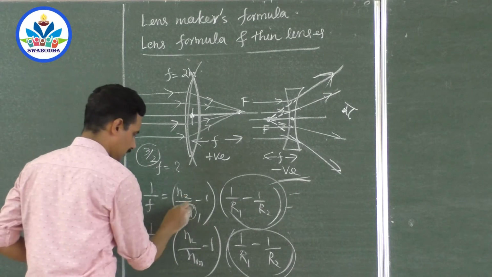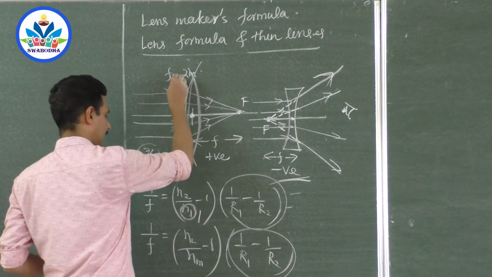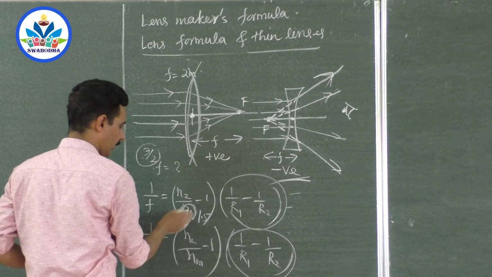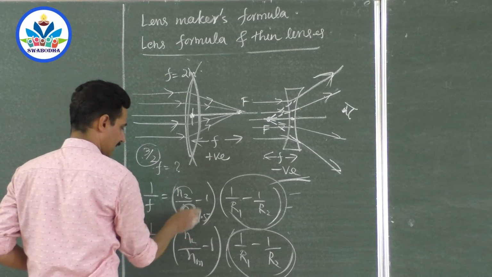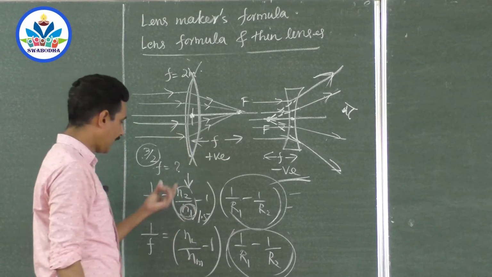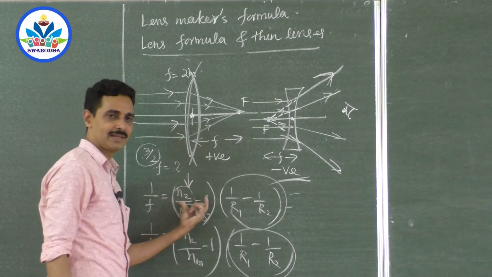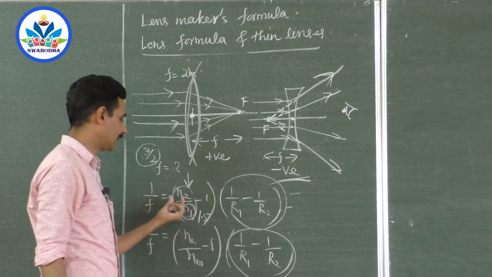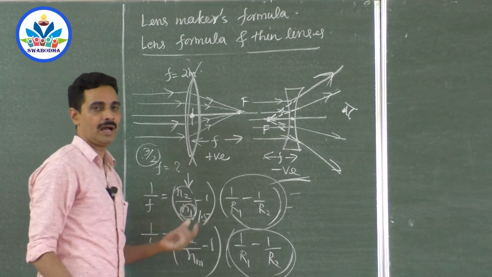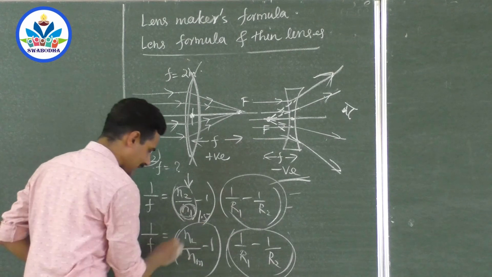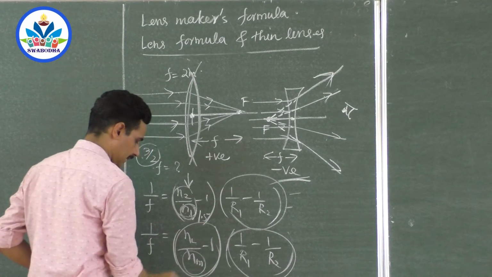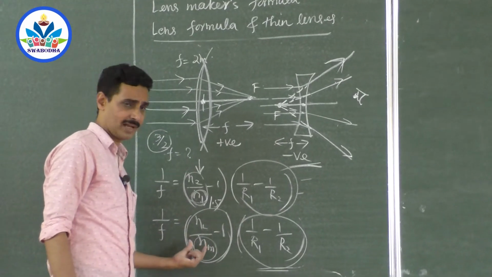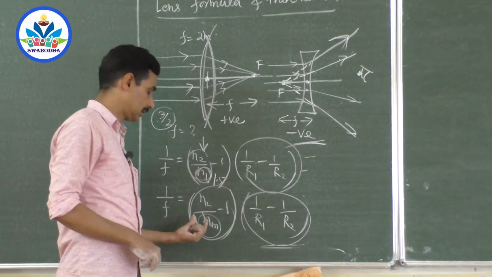Now this part, which was 1 when it was in air, rises because it is 3 by 2, 1.5. When this rises from 1 to 1.5, what happens to the answer? The answer decreases. Suppose it was 2 minus 1, now it is something like 1.8 minus 1, so the answer will be less. It will never become negative, though there is a chance of it becoming negative, which we will analyze later.